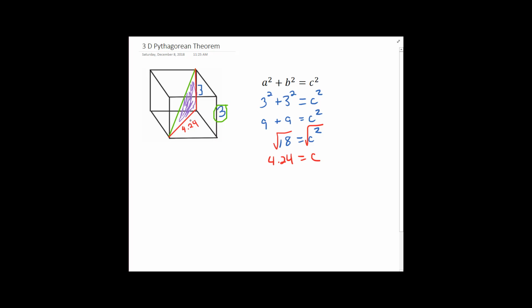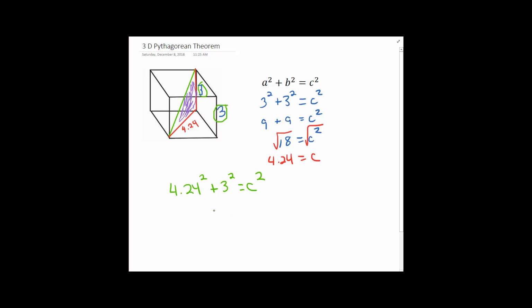So now that we have these two sides, we can find the green. We can find out what that is now. So we'll put it in green because that's what we're finding out. Now we have 4.24 squared plus the 3 here, which is our other leg, 3 squared equals c squared.